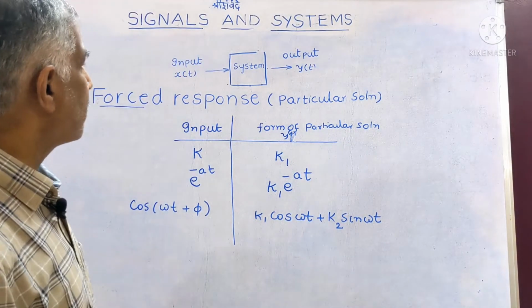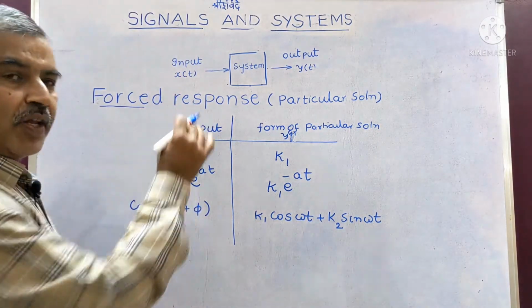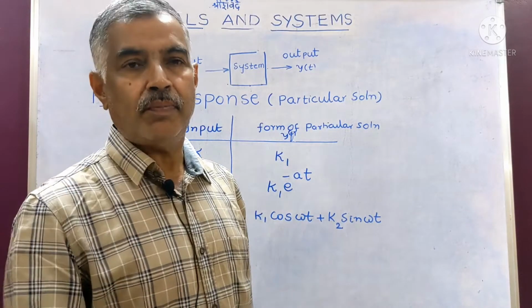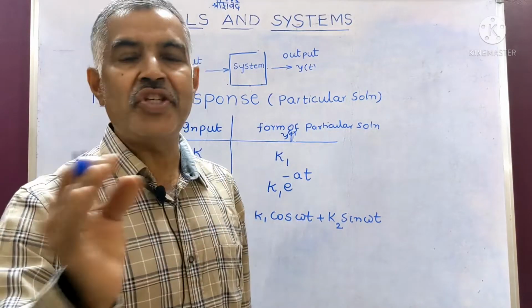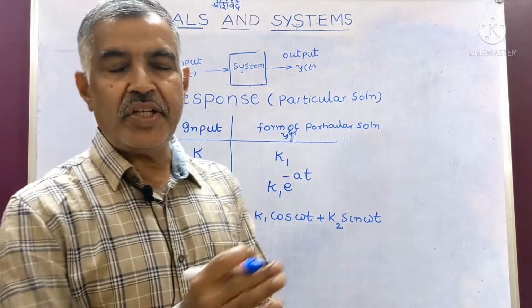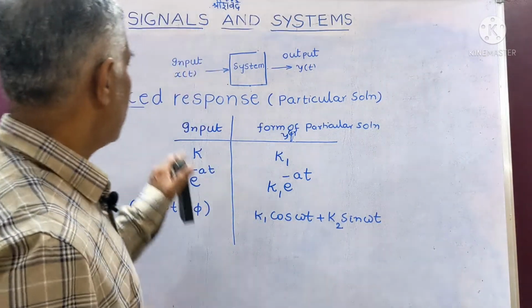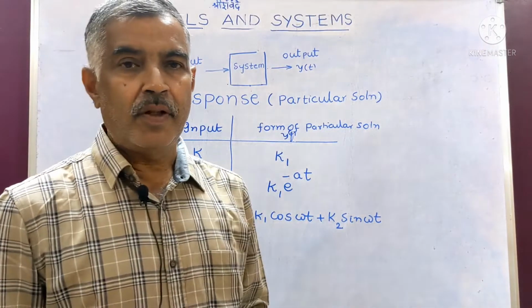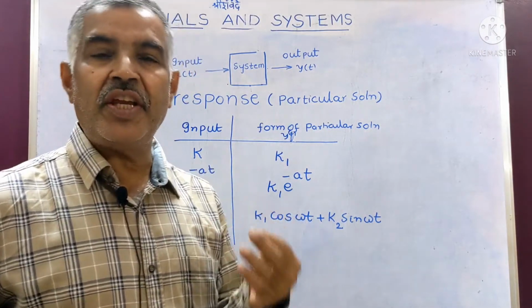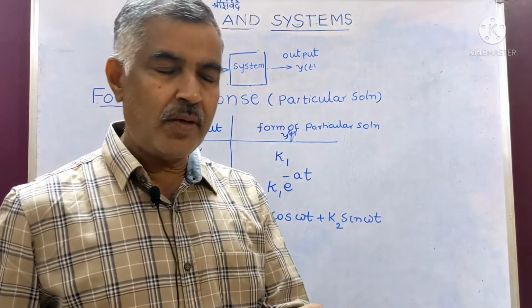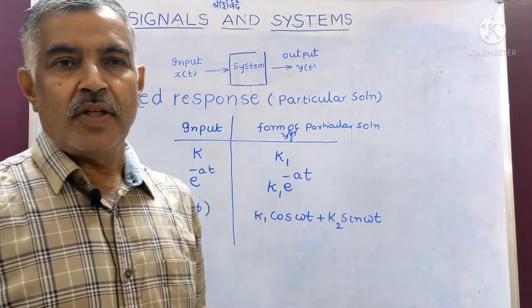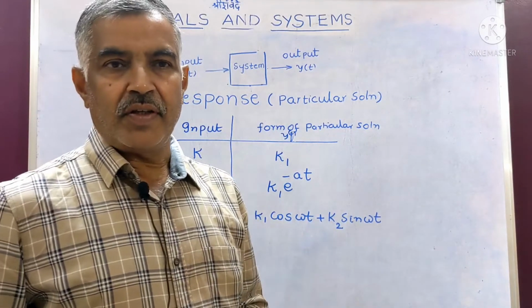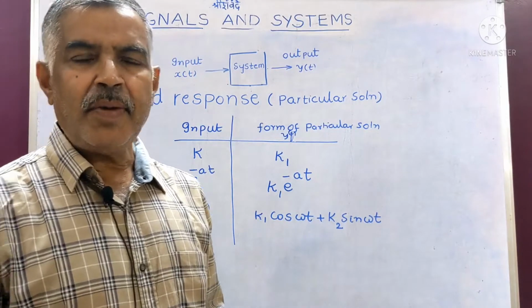So I will conclude this class. Forced response is mainly due to input, not initial conditions. Initial conditions do not come into the picture. In textbooks there are more than 3 inputs, 6 in most of them.